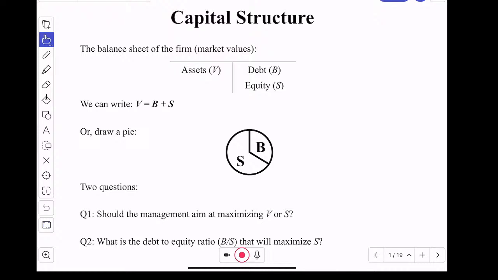So for the test this weekend, the test will include Unit 5 material. I think it was just Unit 5 because I tested Unit 4 already, right? Yes, capital budgeting.